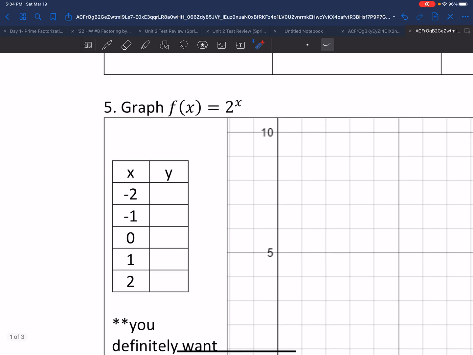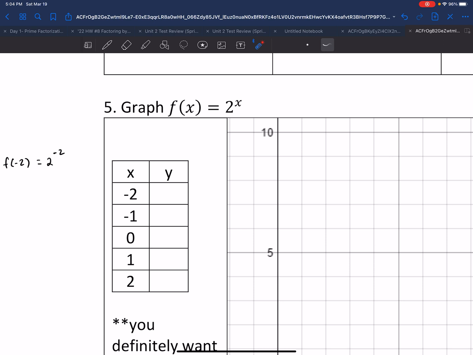I'm going to start off with -2. If x is -2, then I will write f of -2 is equal to 2 to the negative second power, right? If I plug in my inputs here, that means that anything on the right side, whenever I see an x, those x values are going to get replaced by your input, or in this case, -2.